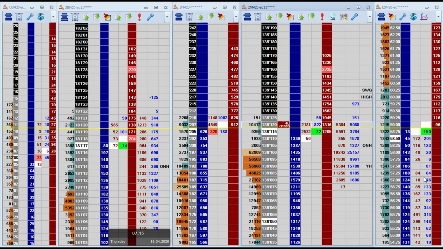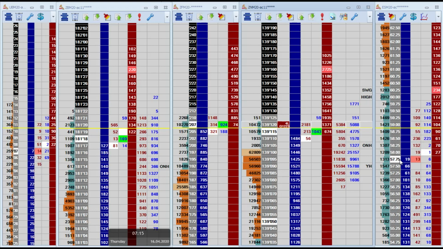ES, it looks like it's been selling down, kind of hammering the bid, but it's basically trading right out where it was yesterday, so it's all just kind of in a range.